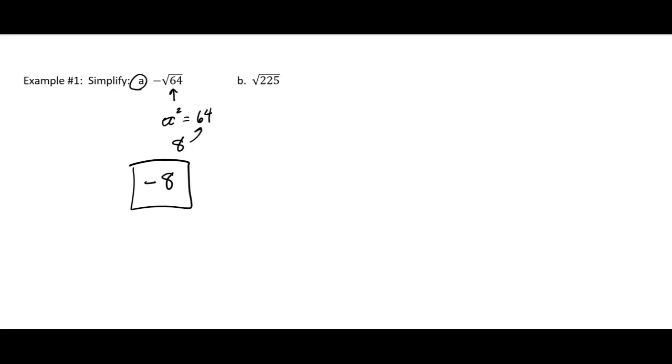All right. And then the next one says, what's the square root of 225? Well, there's some number out there that if you square it, it equals 225. Now, most of your calculators have a square root button, if you have trouble with that, but it's 15. And notice that you just write 15.